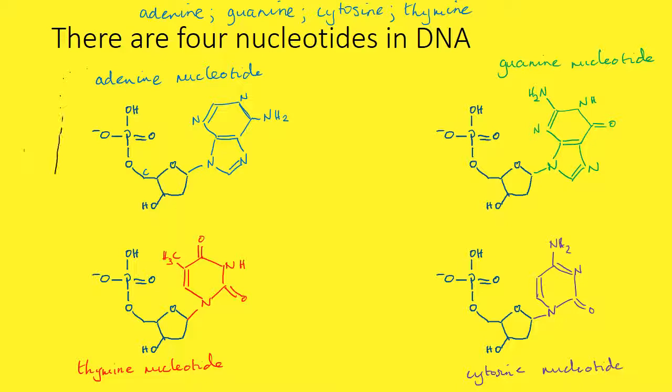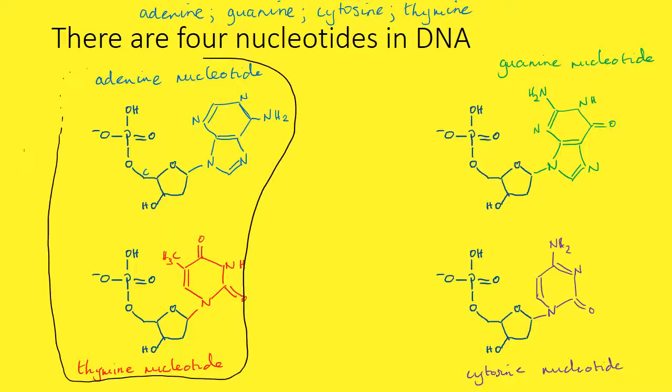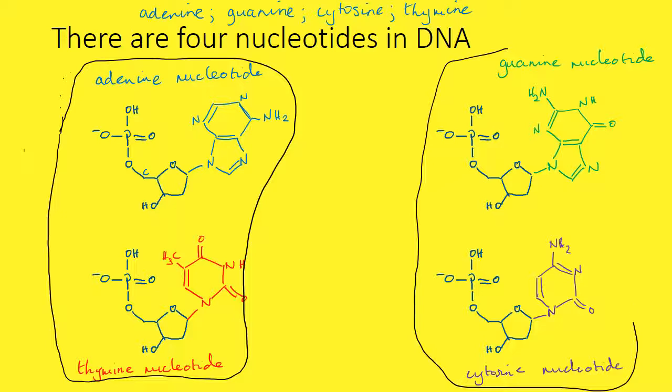Okay, so let's pair them up. So thymine pairs up with adenine, and guanine pairs up with cytosine nucleotides. Okay, and in the next video, when we look at DNA, we're going to look at the pairing in more detail that involves the hydrogen bonds.